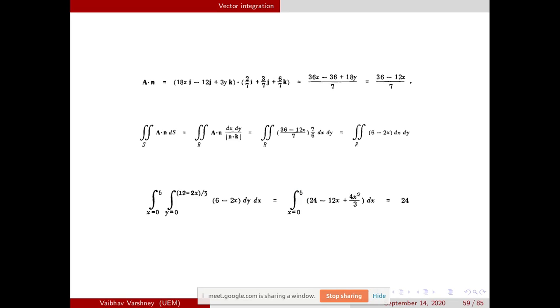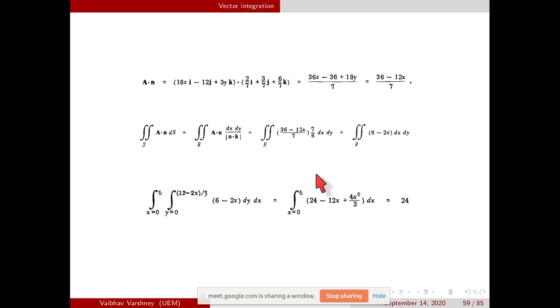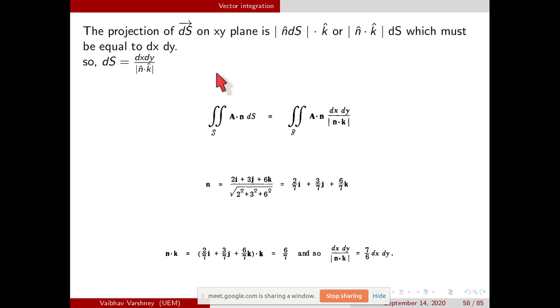Till this point it's clear that ds is equal to dx dy upon n dot k cap, and we put this. Sorry? Okay. No sir, even this is not clear. No sir. Okay.